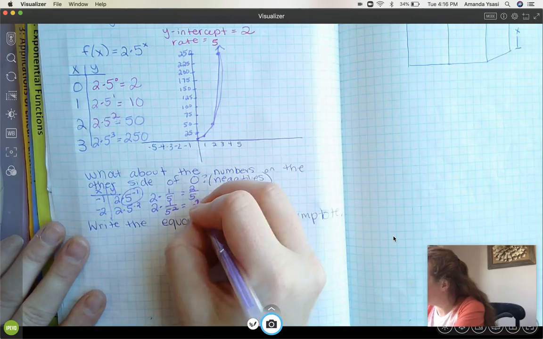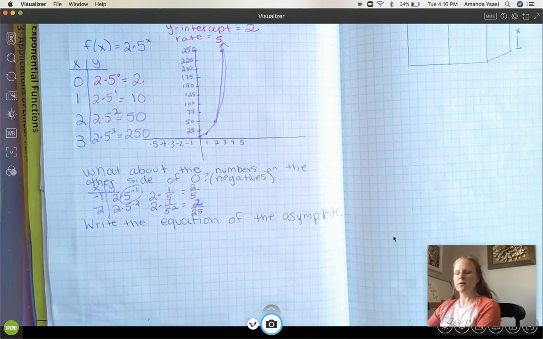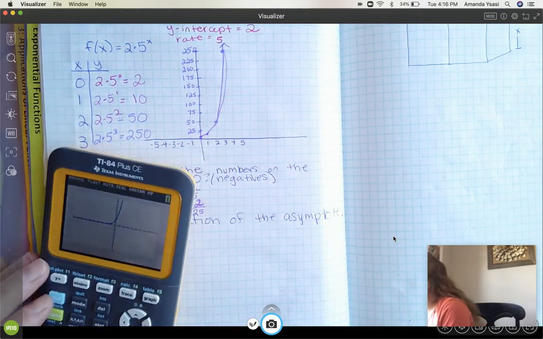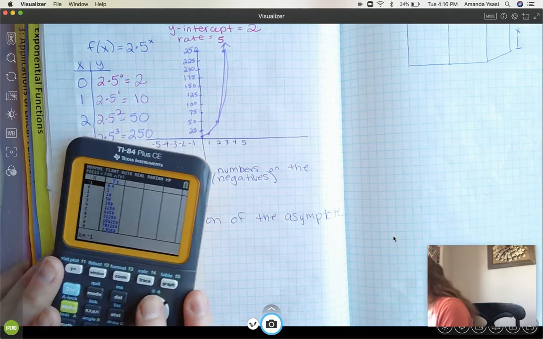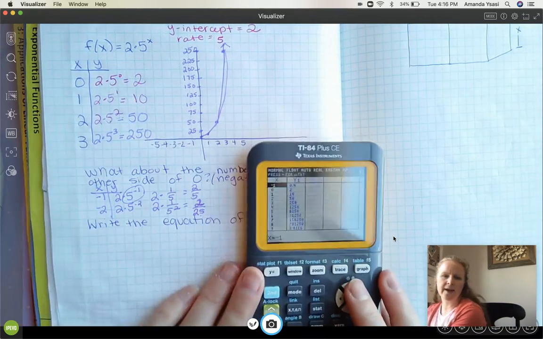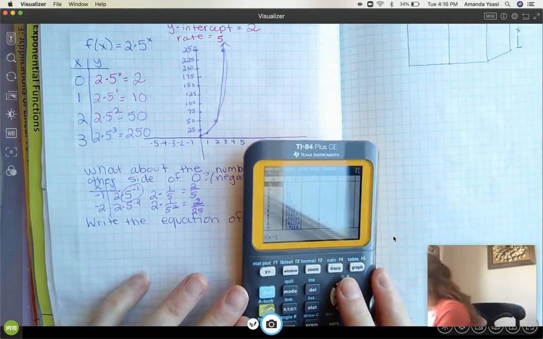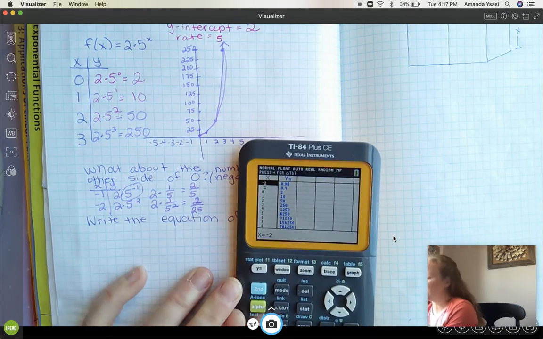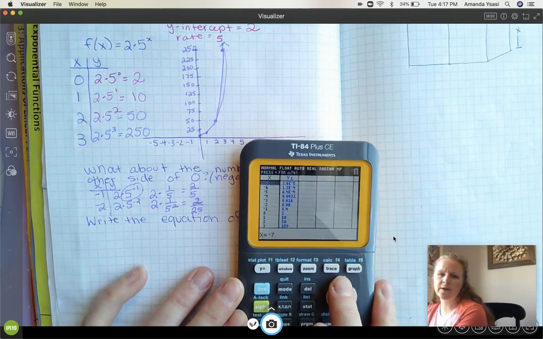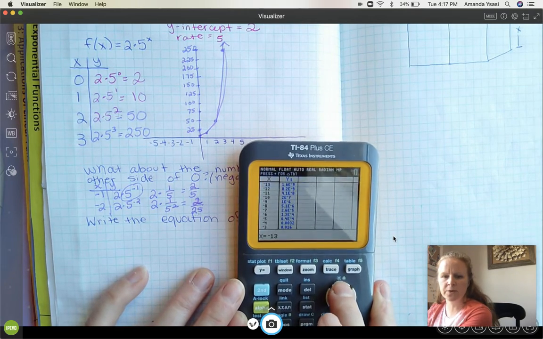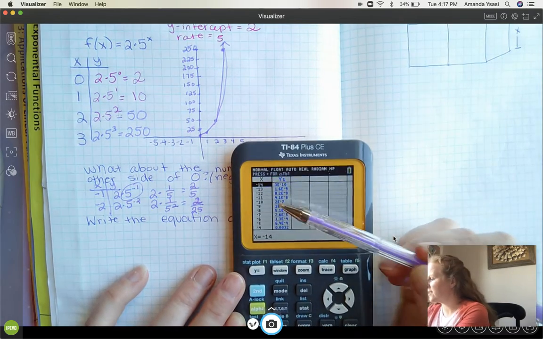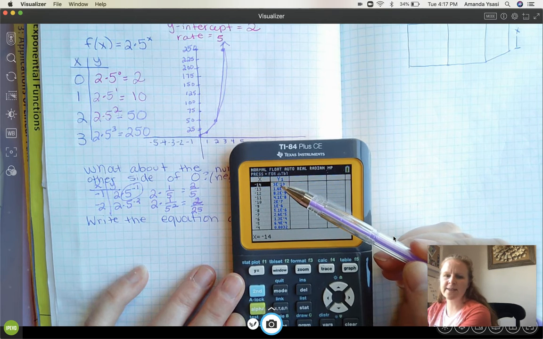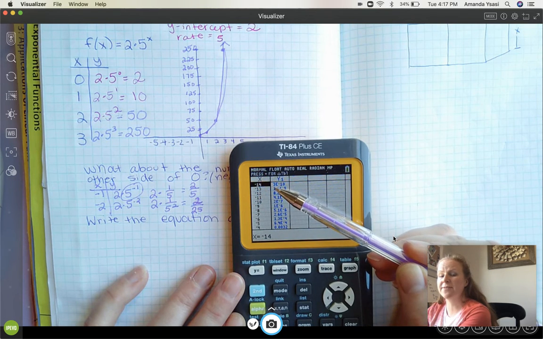See how they're getting smaller and smaller? So if we look at our table here, if I go the opposite way, 0.4, that is the 2 over 5. And then 0.08, if I do 2 over 25, that's what that is. And if I keep on going to the negative numbers, keep on going. And this is in scientific notation. So that means that the decimal is moved to the left 10 times.